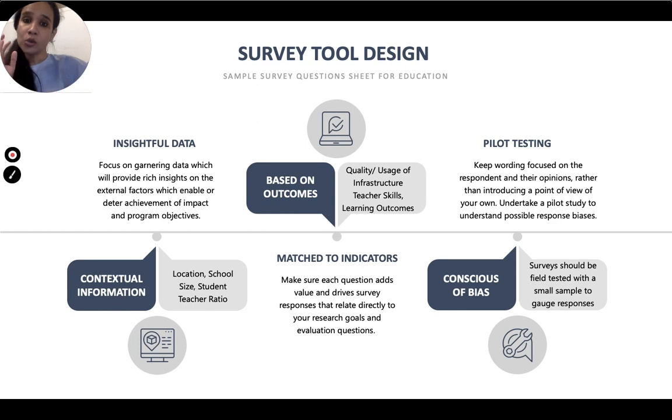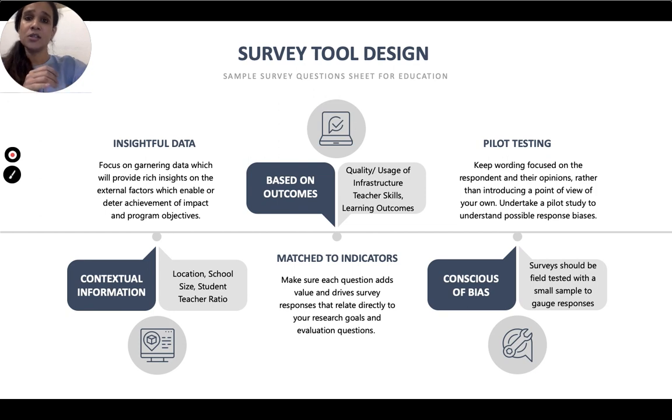We should also ensure that, like we have indicators matched to each outcome, all our questions are based on outcomes and on the indicators that we are trying to collect data on, and not ask questions which cannot be used or are not linked to your research goals and evaluation questions.